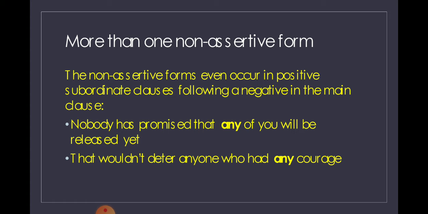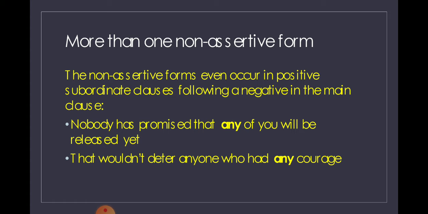Following that, we have a subordinate clause after the word that: any of you will be released yet. Notice that this subordinate clause is positive. We don't have any indication that it is a negative one. However, we used two non-assertive forms here, any and yet.